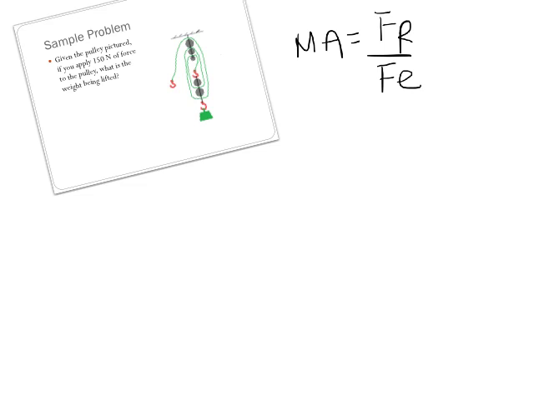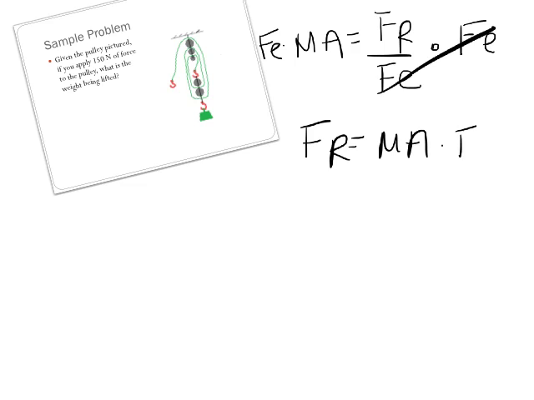So sometimes if you can figure out a mechanical advantage and it gives you one of the forces, you can figure out the other. Let's rearrange that. If we want to solve for FR, we need to get rid of FE, so multiply both sides by FE. That cancels out. FR equals MA times FE.